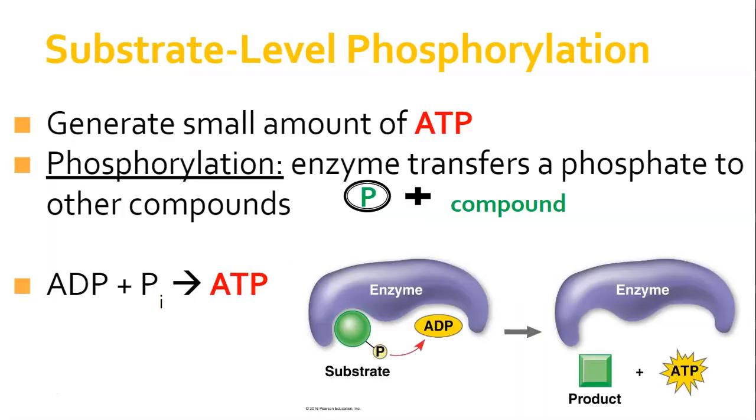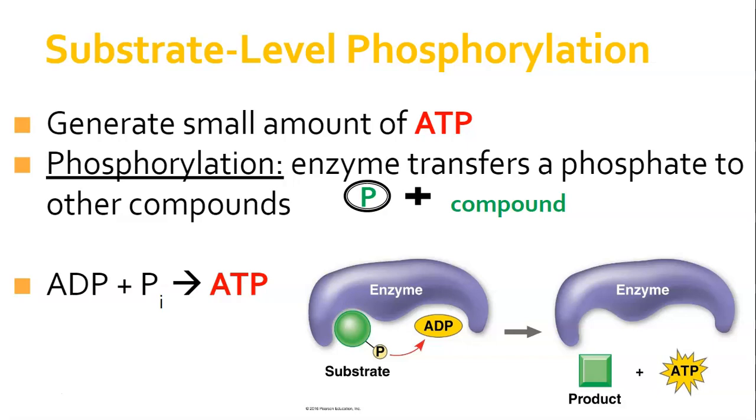And what is occurring here is what we call substrate-level phosphorylation. It's basically just shoving a phosphate onto an ATP molecule. It's taking it off one thing and putting it onto ADP. So there is some kind of substrate that happens to have a phosphate on it, and an enzyme comes along and takes it off the substrate and shoves it onto ADP, turning it into ATP.